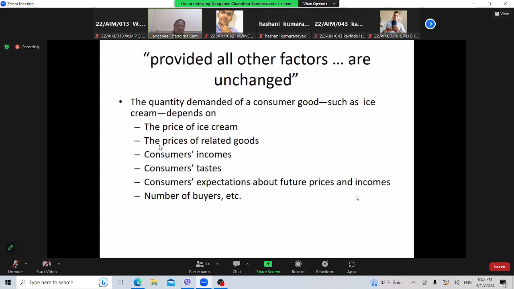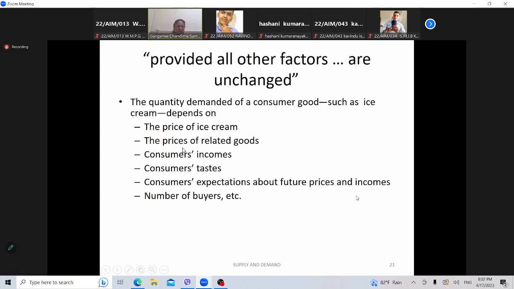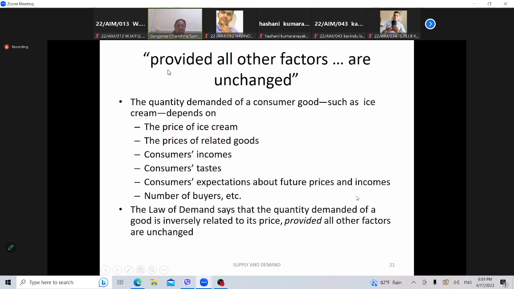Okay, so that's why we are keeping all other factors constant, and we see only the change of price and the change of quantity demanded. That's why the law of demand says the quantity demanded of a particular good is inversely related to its price, provided all other factors are unchanged.